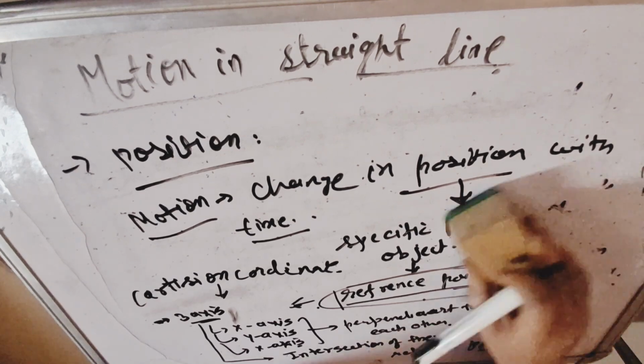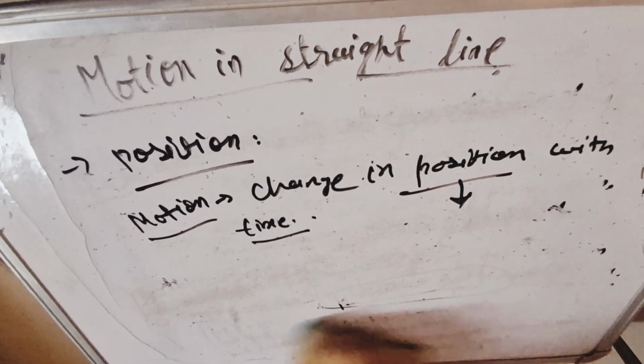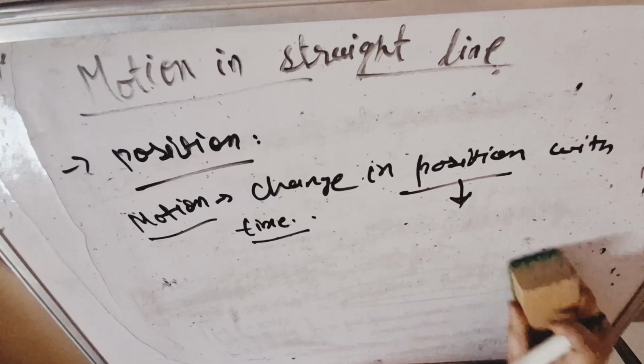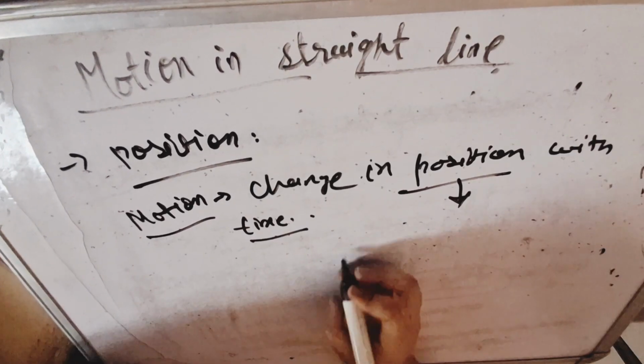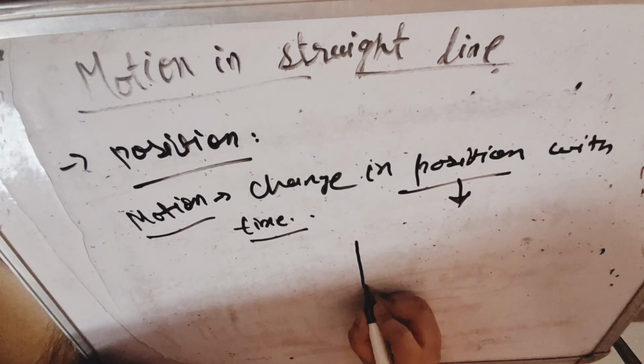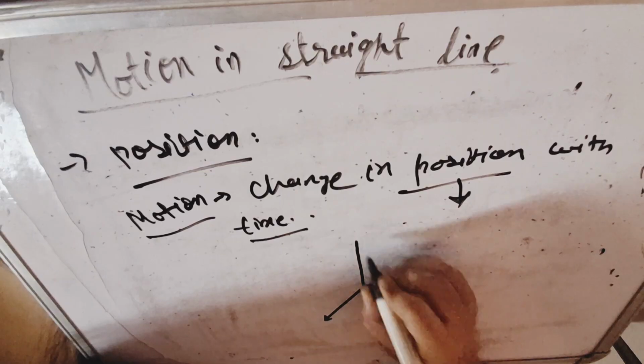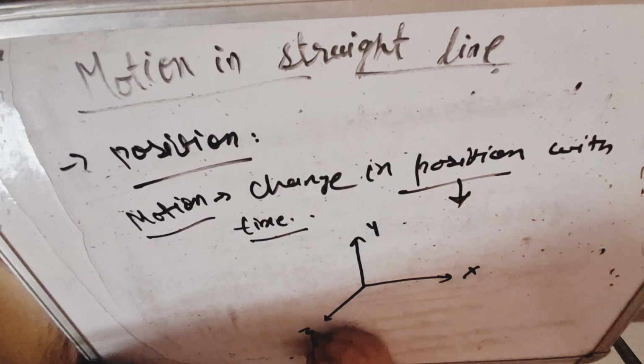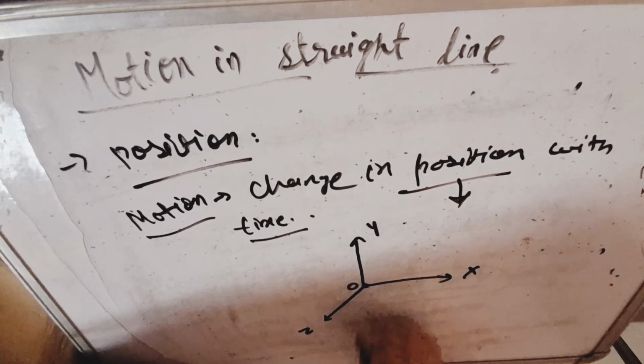So as I told, in the Cartesian coordinate we need three axes: x-axis, y-axis and z-axis, and the intersection of these is called the reference point.